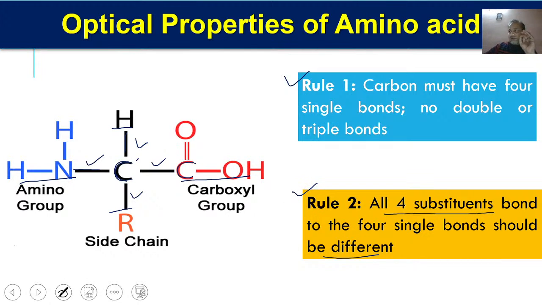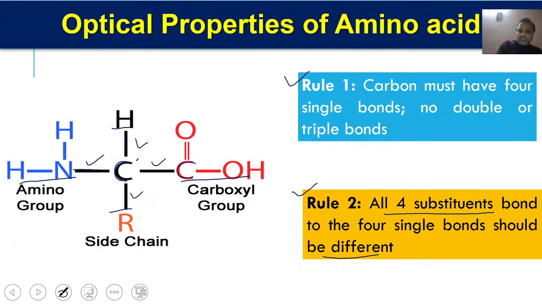Whenever they follow both the rules, it means the carbon is asymmetric, and an asymmetric carbon gives you different kinds of stereoisomers like D form, L form, and other stereoisomers also. So on the basis of this we are going to decide it.